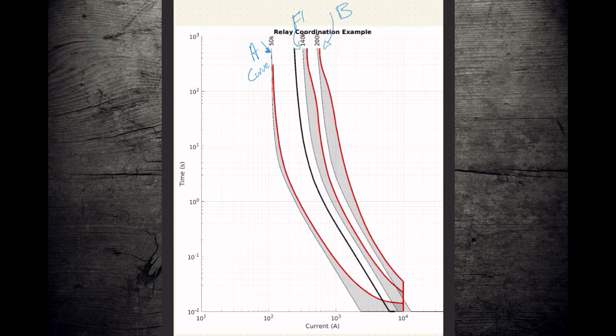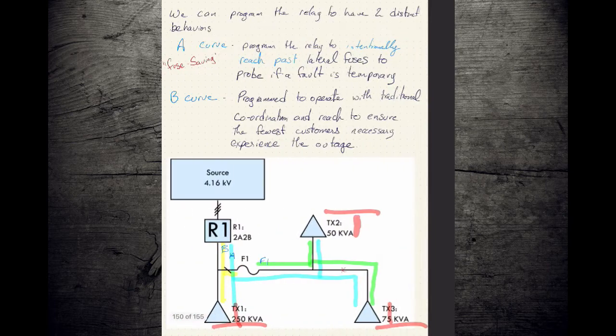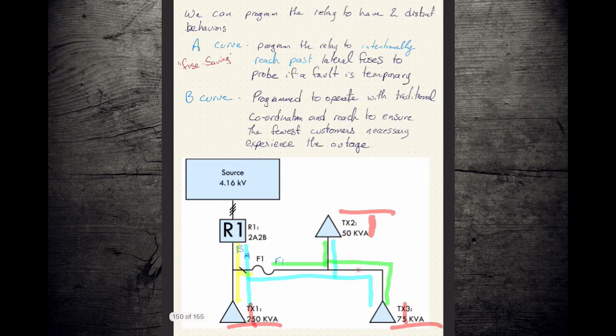So we take a look at this in our sequence. How we know the sequence of operation is included right here. The name of the recloser tells you its behavior.